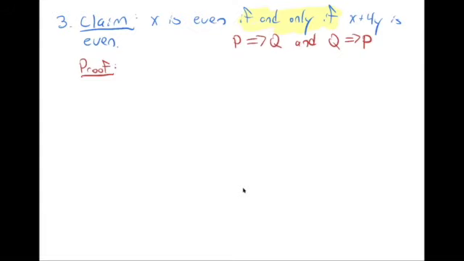So this is something we haven't encountered before, but we're not going to change anything. It's just we need to do 2 direct proofs here. And when we're doing a biconditional statement, it is going to be really nice to indicate to the reader which direction you're proving and which part of the proof. So this is kind of a general comment.